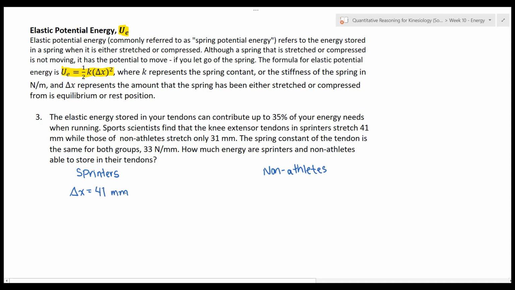And for a non-athlete, the delta X, the amount that they can stretch their tendons, or the spring that we are modeling this with, is only 31 millimeters. The spring constant, which is K, is the same for both groups. It's 33 newtons per millimeter.